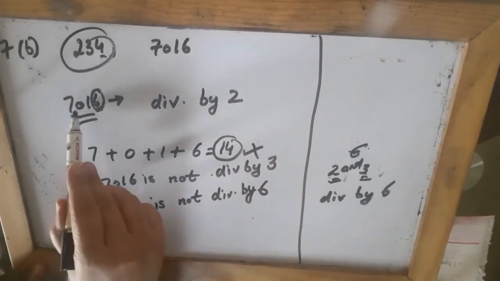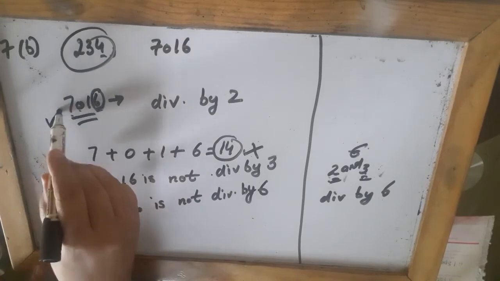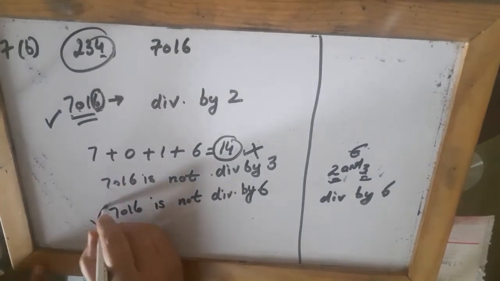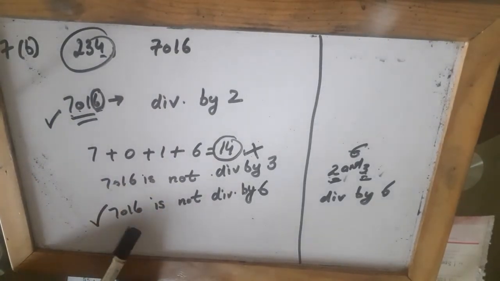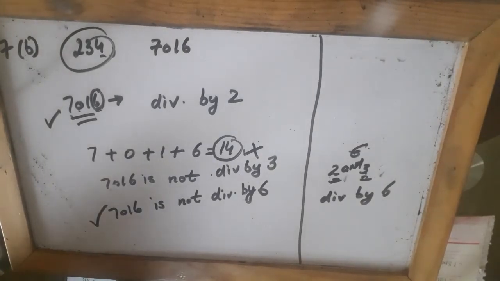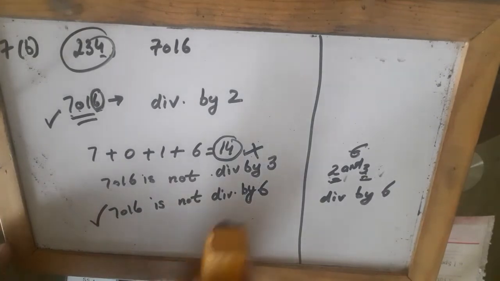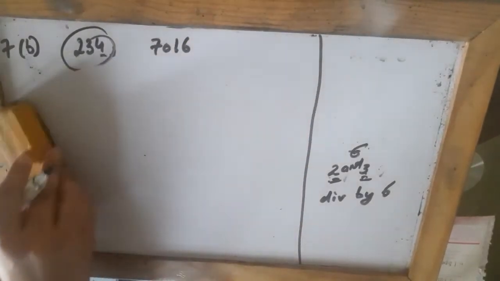So this 7016 is divisible by 2, but it is not divisible by 6 because this number is not divisible by 3. So in the 7th B part, I have checked that the first number, 234, is divisible by both 2 and 6, but this number is divisible by 2 but not by 6.